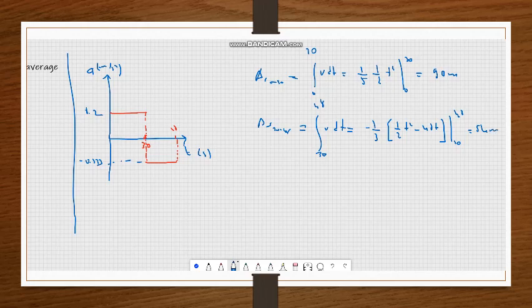So total distance traveled is 90 plus 54, which is 144 meters, and the average velocity is 144 meters over 48 seconds, which gives 3 meters per second.